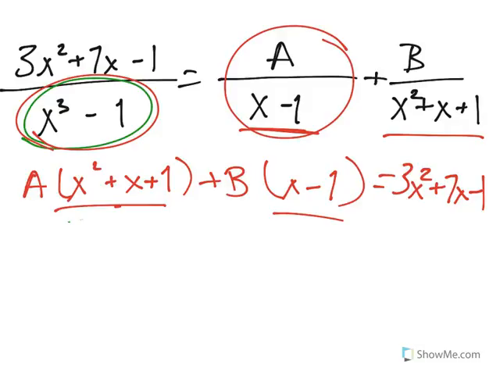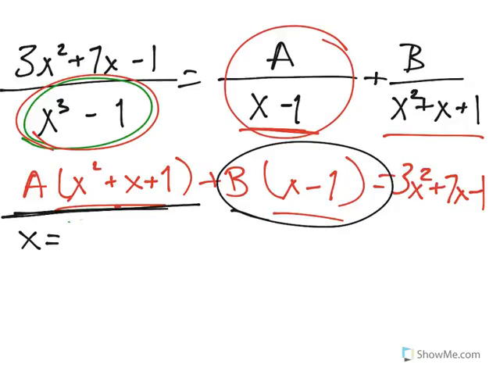Now, first let's just substitute x by 1 to make this equal to 0. That way we can get rid of this term and only have A as a variable. So x minus 1 is equal to 0 when x is equal to 1, and this just becomes 0.